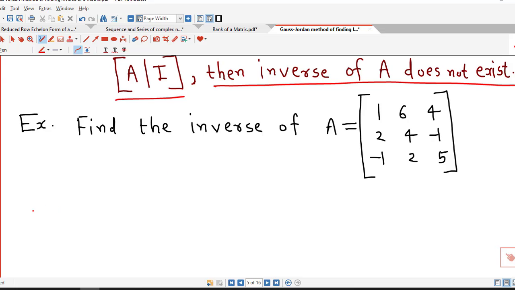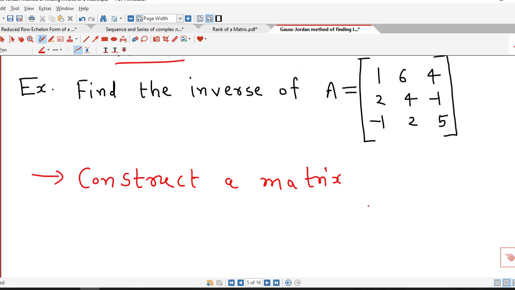We consider the inverse of this matrix also. As we have discussed, we have to start by constructing a new matrix, which is nothing but the original matrix written with the identity matrix.